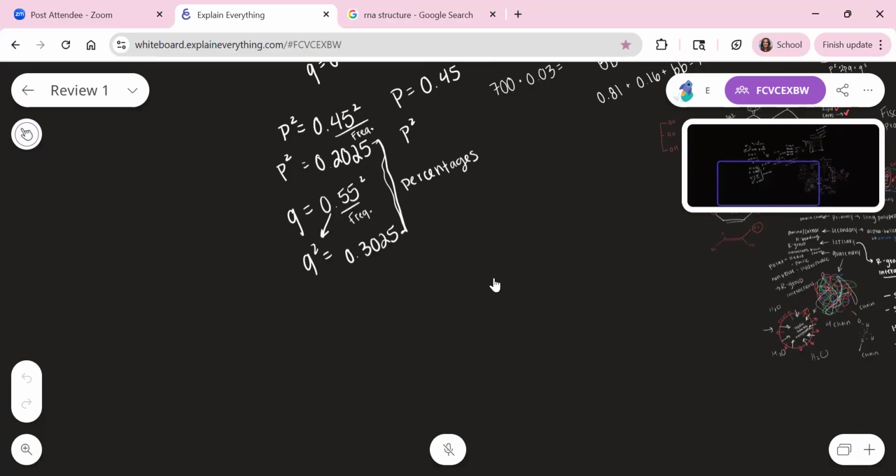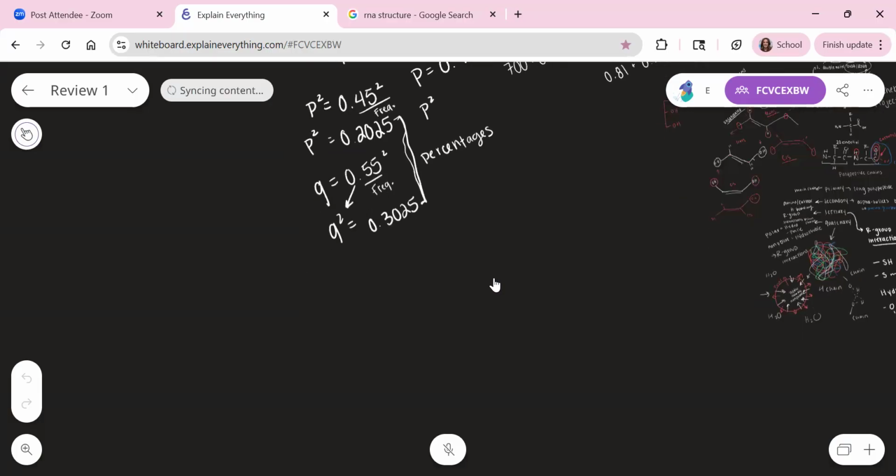So now what can we do to find the percentage of the population that is homozygous? Add them together. Yeah. And when we add these percentages together, we get 0.505. Then when we multiply that by 100 to put it into a percentage, we get 50.5% are homozygous.